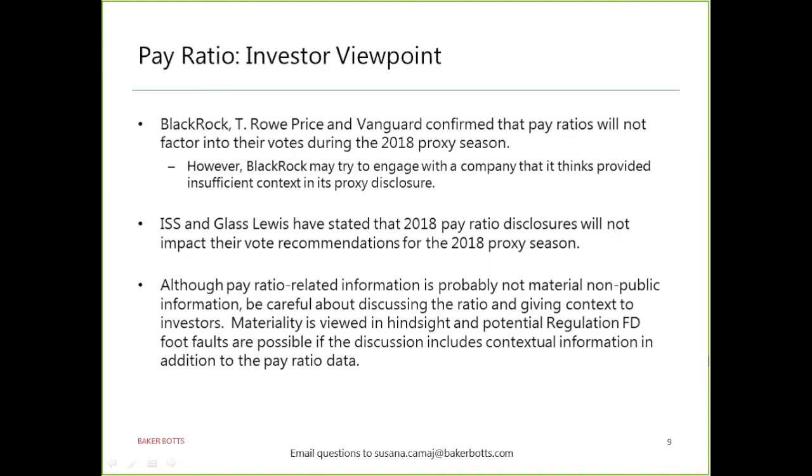And that's a situation where you may end up with unusually high CEO compensation, or rather an unusually high pay ratio, and that would be an example where it would be good to provide additional context to explain why the pay ratio would be maybe higher than one would expect.